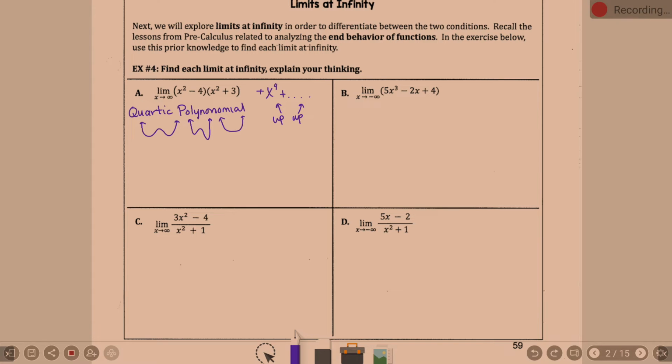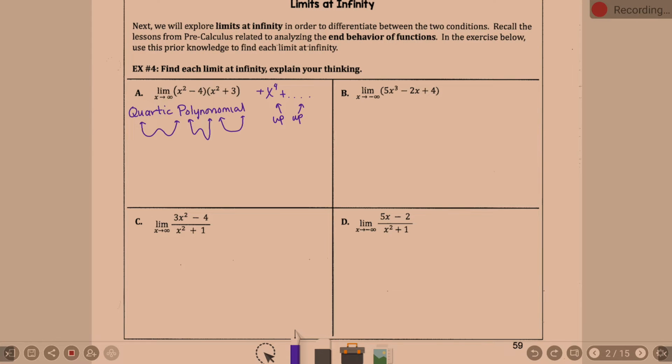Okay. Now, our job is to find each limit at infinity. So we want to know this limit as x approaches infinity is going to be what? Infinity. As any of these graphs go to the right, that's x approaches infinity, where is the graph going?